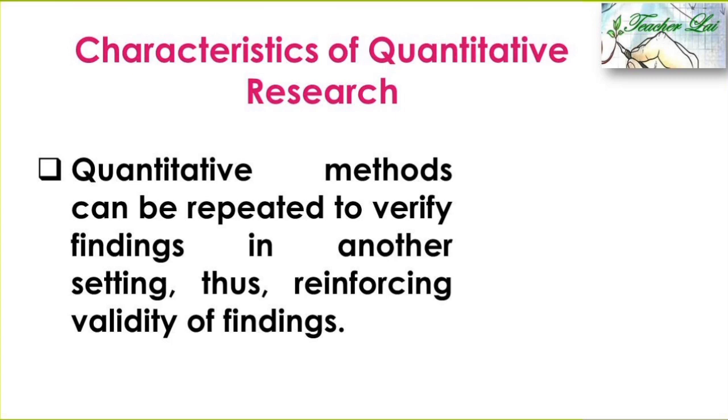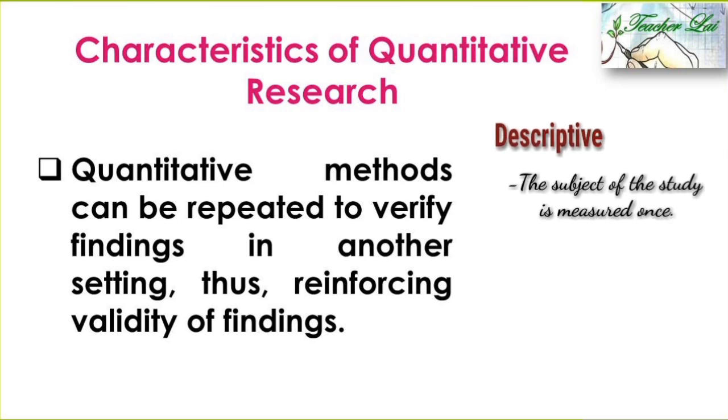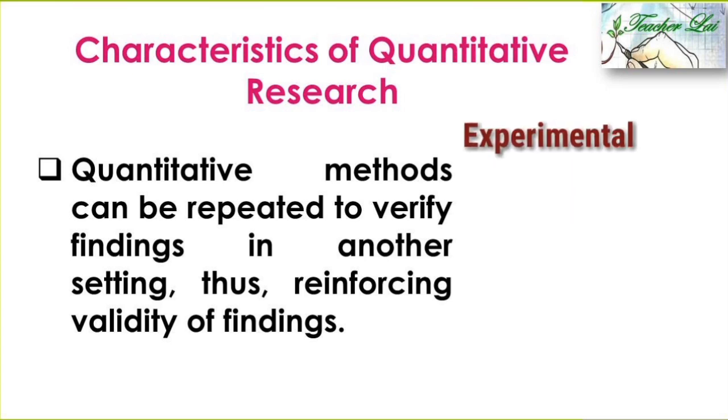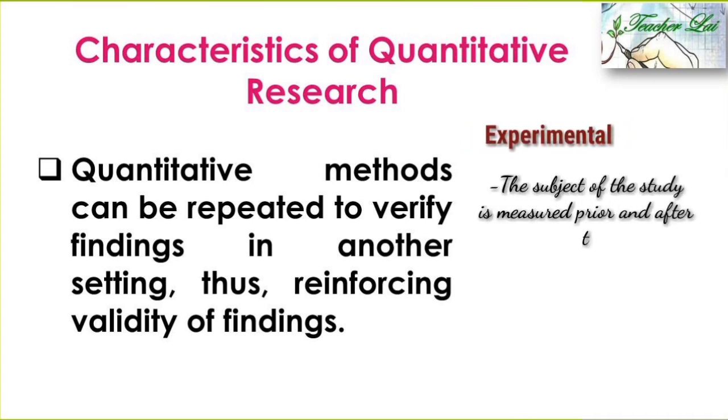Quantitative research designs are either descriptive, which means that the subjects or samples of the study are usually measured once. After they answer the questionnaire, you are done with your data collection. While in experimental research design, the samples or subjects of your study are measured before and after a treatment.